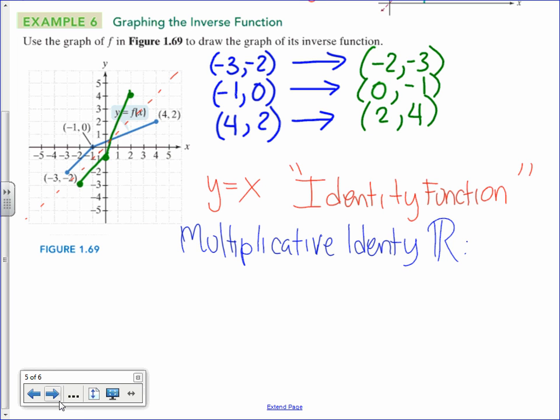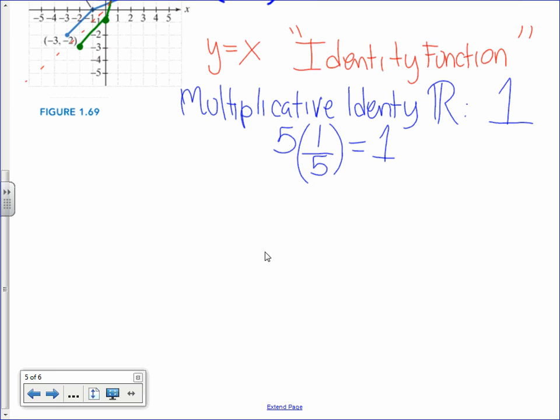For example, if you have a number such as 5, and you multiply it by its multiplicative inverse, what would that be? 1/5. And we do that with the purpose of getting a 1. So that is the multiplicative identity. I love talking about that because we use that in chapter 8 when we do matrices. My favorite thing to teach.